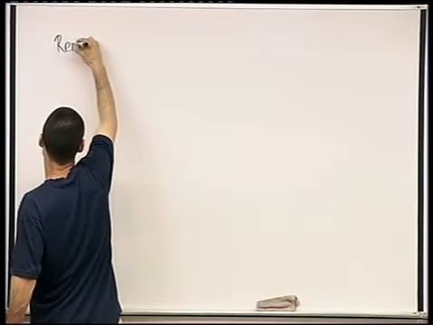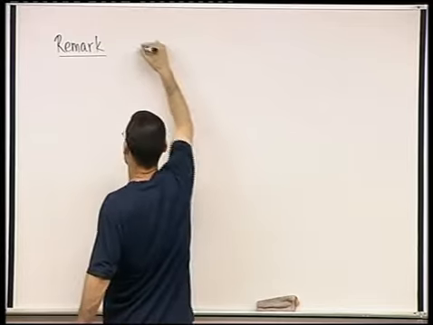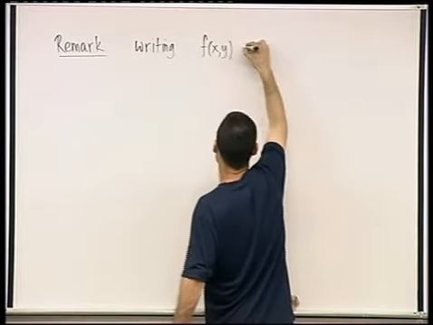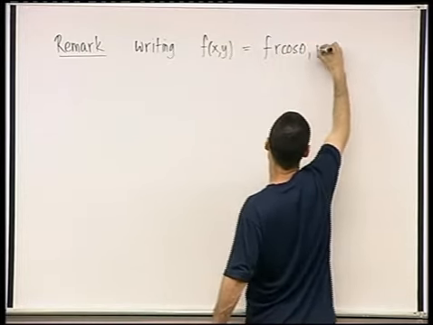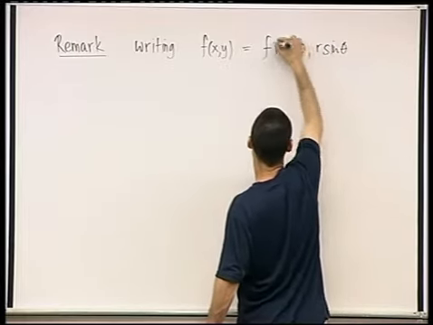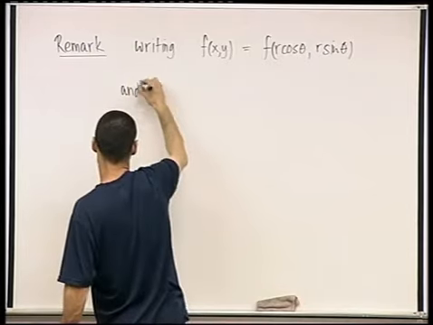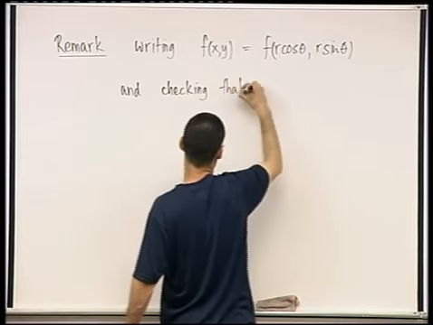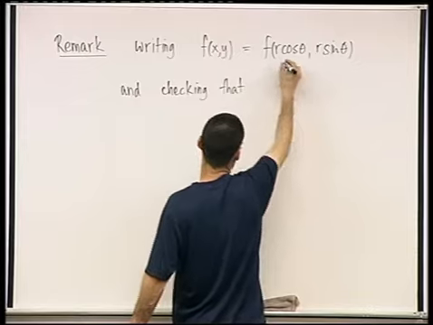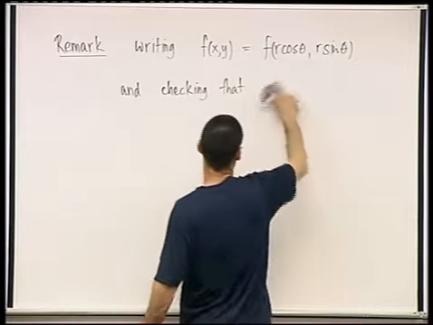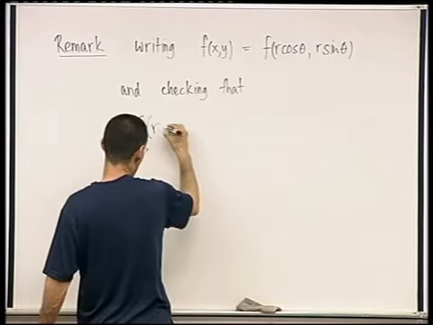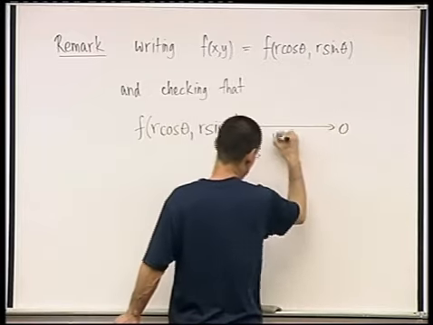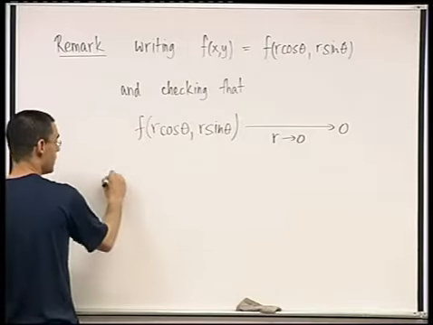So remark: writing f of xy equals f of r cosine theta, r sine theta, and checking that the entire expression goes to 0 as r goes to 0 does not prove anything.